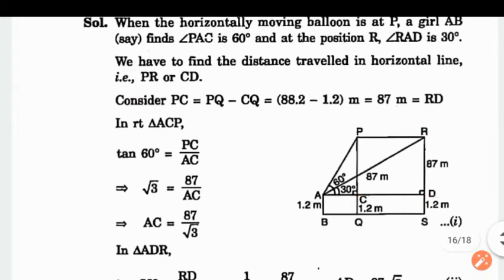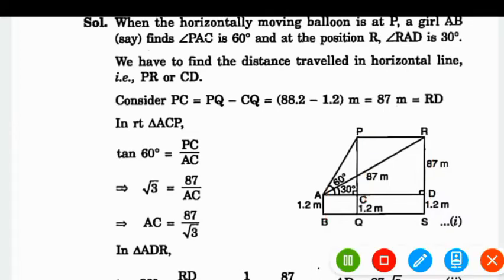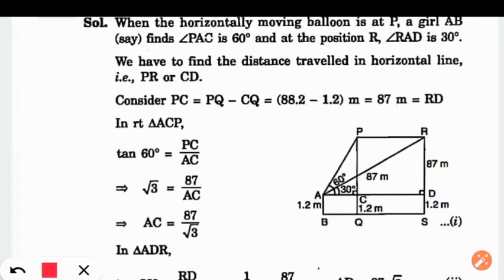Now, see, what is PC? Tell me. This full by question was 88.2. We know this one is 1.2. So, PC must be 87, because PC is equal to PQ minus CQ.